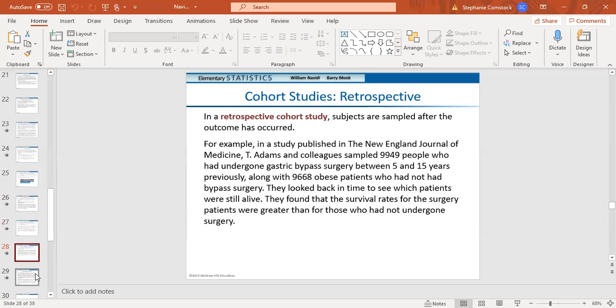When they looked back, they looked to see how many of these roughly 20,000 people were still alive at current. So they're looking at something that occurred in the past and then looking at the outcomes now.